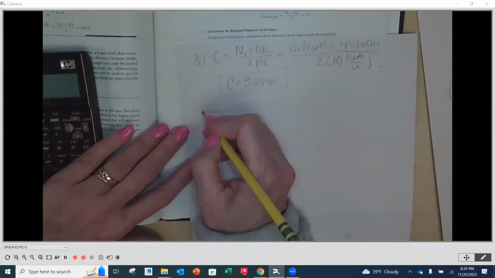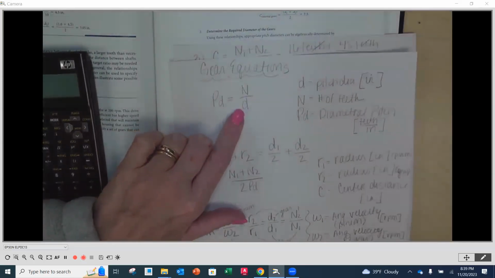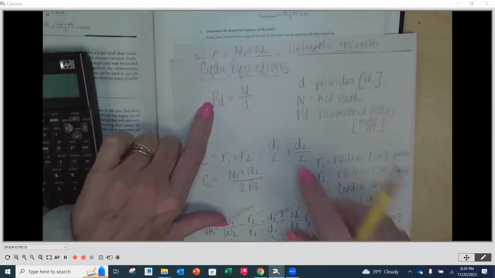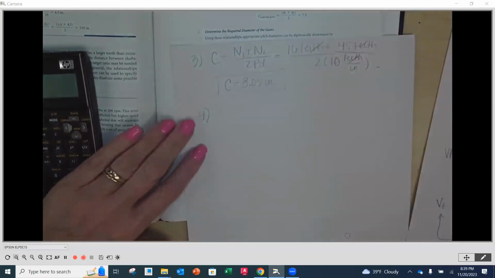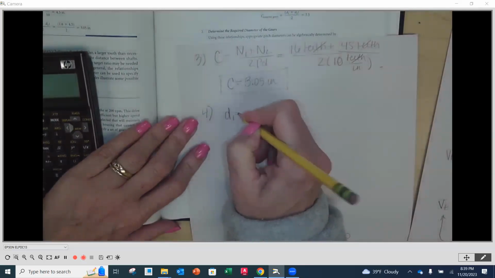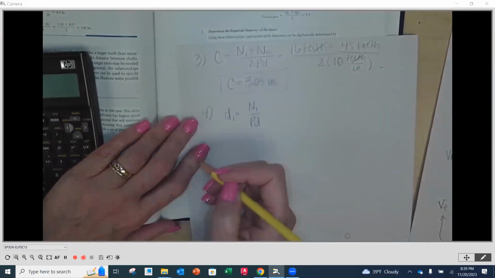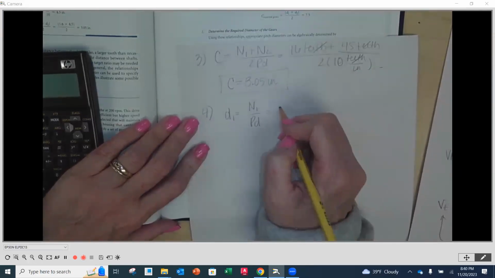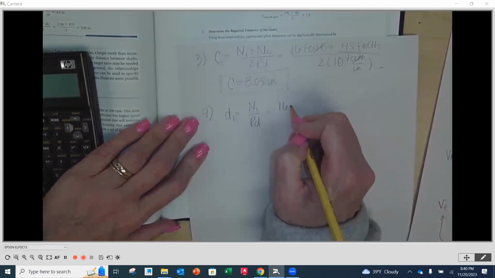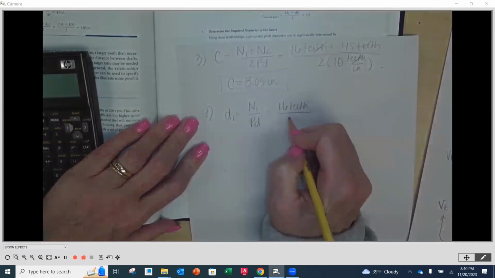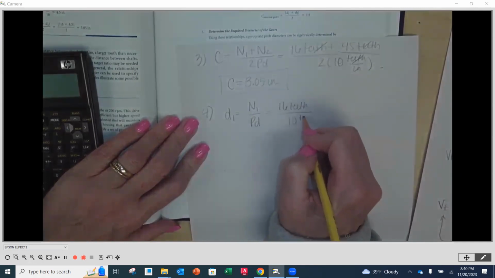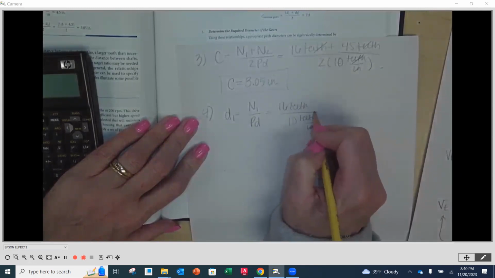Okay, center distance. And then we need pitch diameters of each, right? So pitch diameters of each is going to be a D. We're going to use this equation up here. We know the number of teeth of each and we know their corresponding diametral pitch. So D1 is going to be equal to number of teeth on one divided by the diametral pitch. So the number of teeth on the pinion is 16 teeth divided by a diametral pitch of 10 teeth per inch.